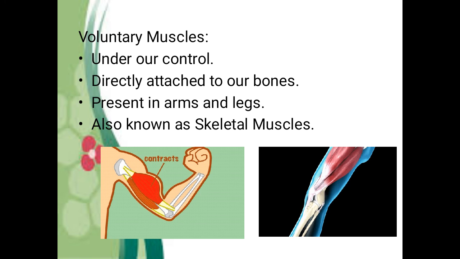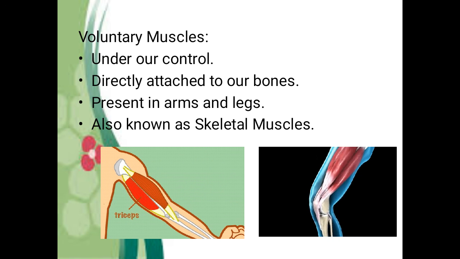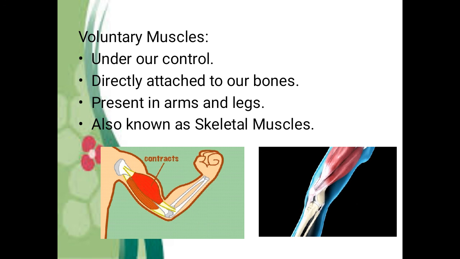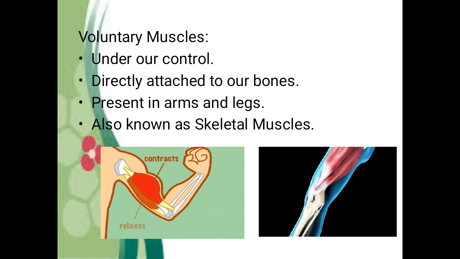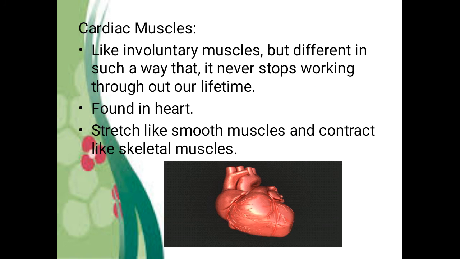Voluntary muscles help us to do actions of our own with our consciousness. With our will we do our voluntary actions. Likewise, involuntary muscles help in involuntary actions, that is, those actions that are performed without consciousness, right?